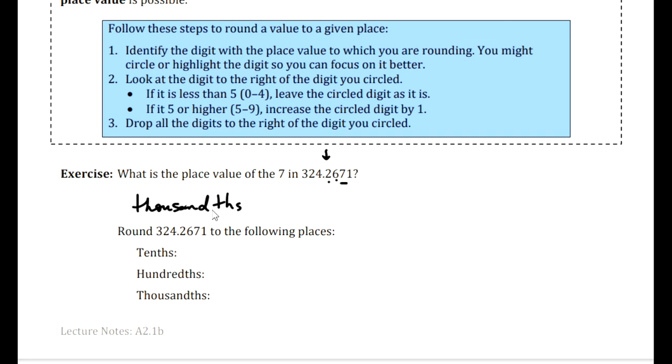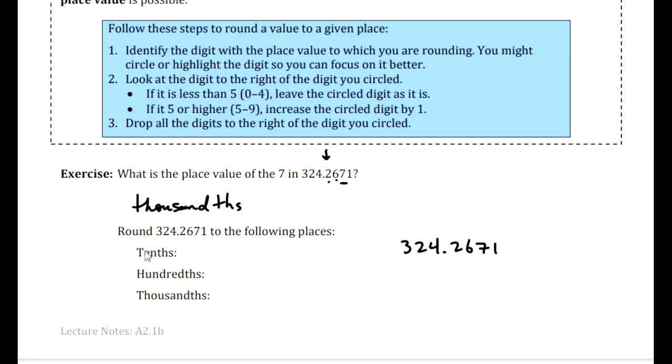If we were to round this number, well, we have options. If we round to the tenths position, we take our number and we circle the digit that we want to round to. So we're going to do this 3 times. Once rounded to the tenths, once rounded to the hundredths, once rounded to the thousandths.